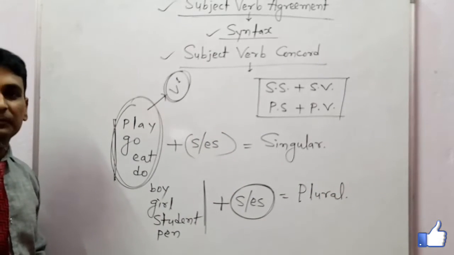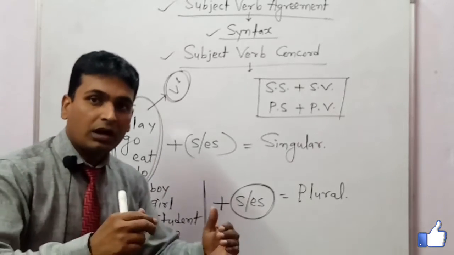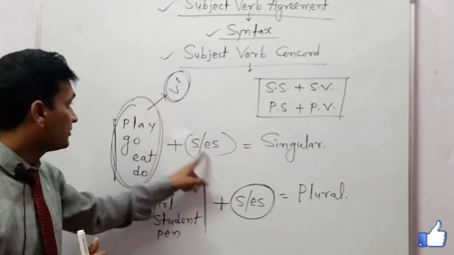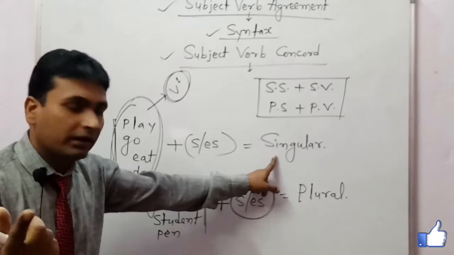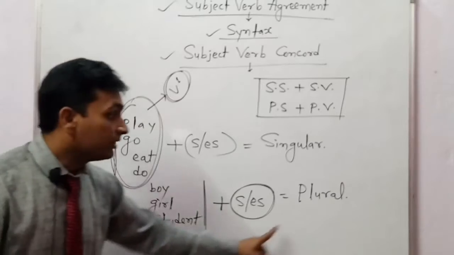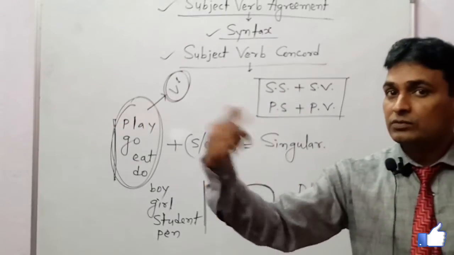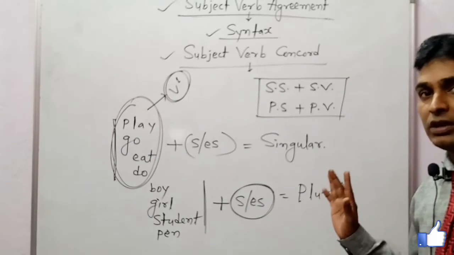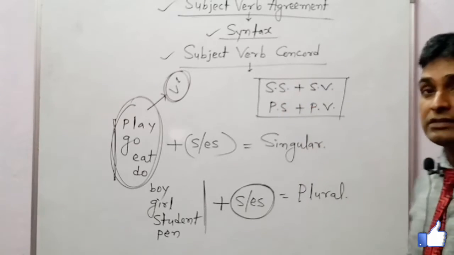Always remember this. What I want to make you understand is, when we add S and ES to a verb, it becomes singular. On the other hand, when we add S and ES to nouns, it becomes plural. So S/ES plus verb is singular, S/ES plus noun becomes plural.